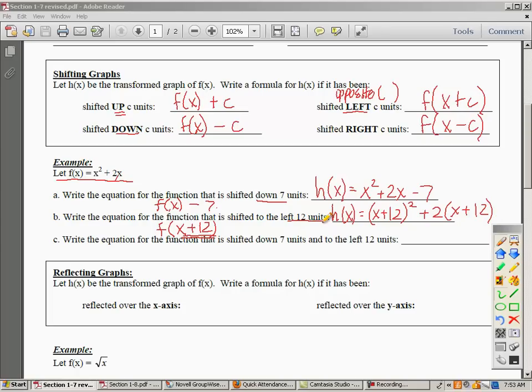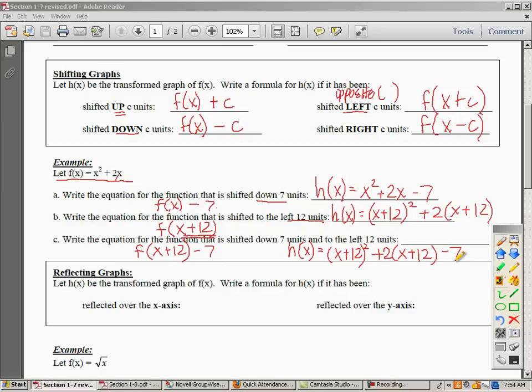The third one says, can you do both? Well, sure, I can go left 12 by putting an x plus 12 in for the x, and then I could subtract 7. I don't have a ton of room on my line, so I'm going to put it right here a second. So my new function is (x plus 12) squared plus 2 times (x plus 12), and then a minus 7.